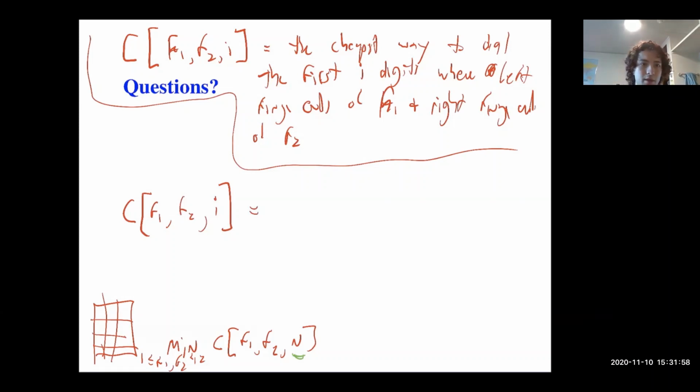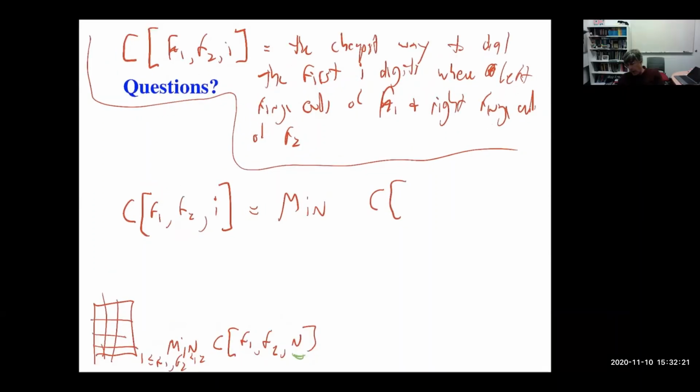I said it would be the minimum of 2 different terms. The minimum of C of, notation is kind of funny, F sub I. So it would be a term for the left finger and a term for the right finger.